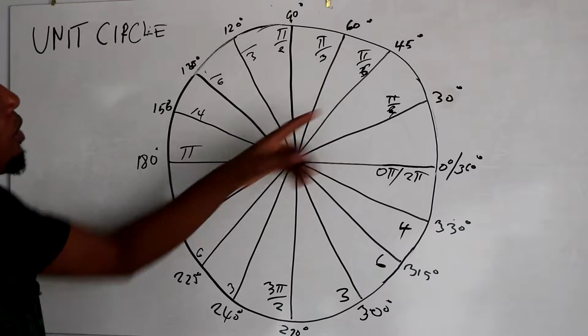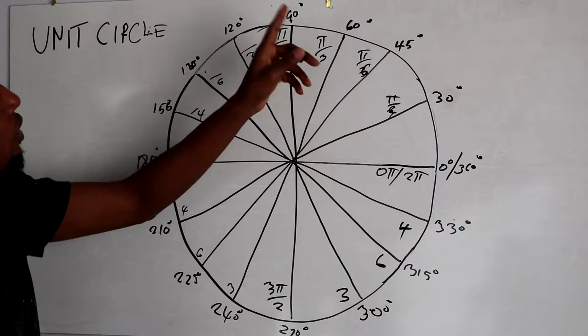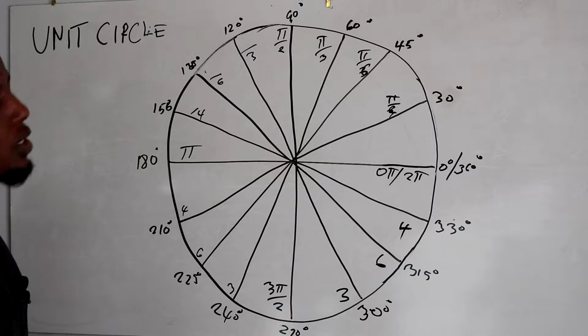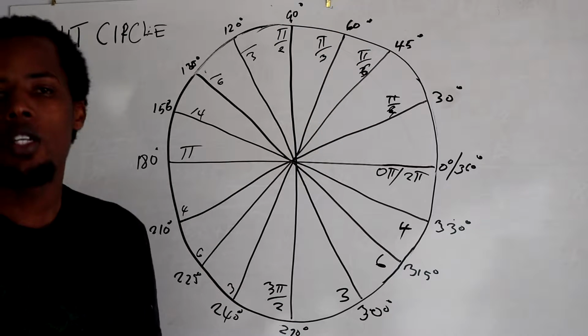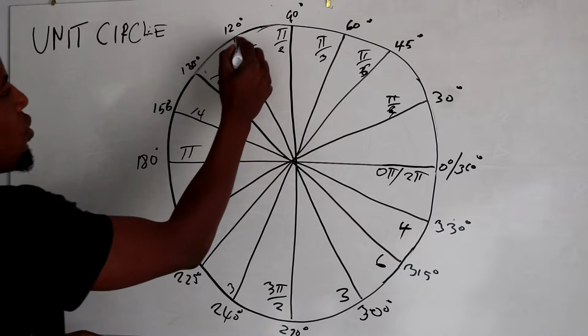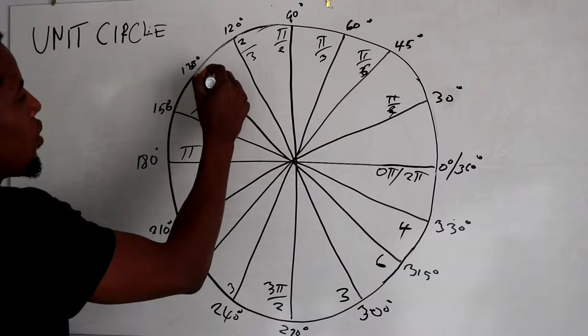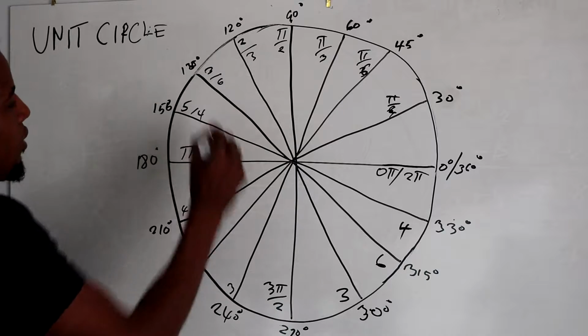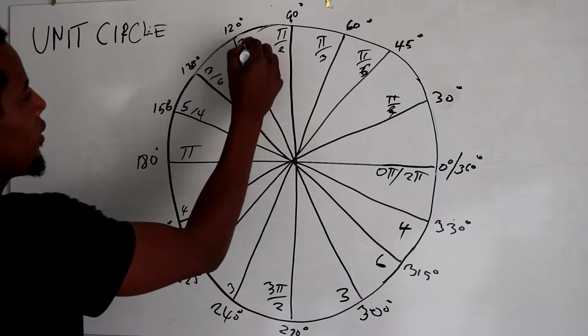120 degrees, remember 60 degrees doubled, right? What I usually do is memorize 2, 3, 5, and then pi.